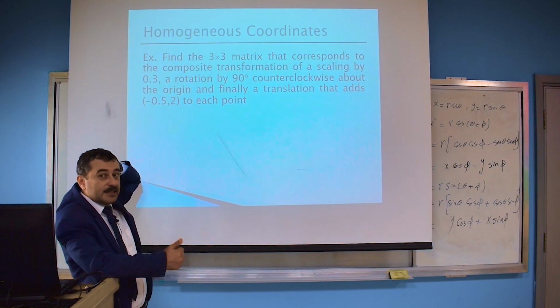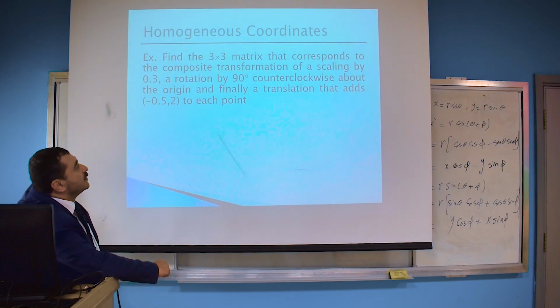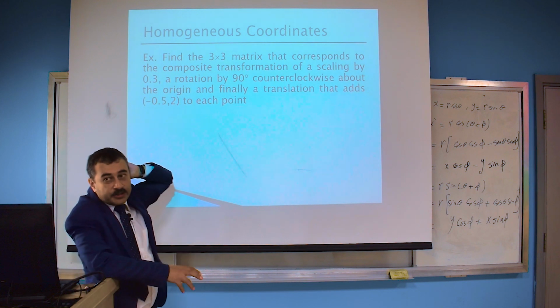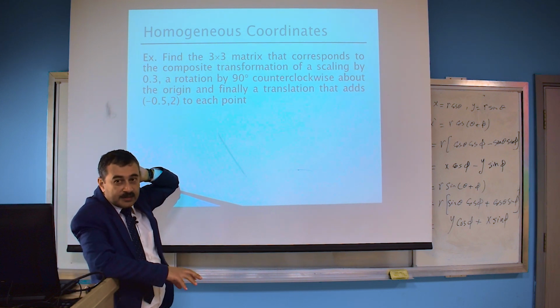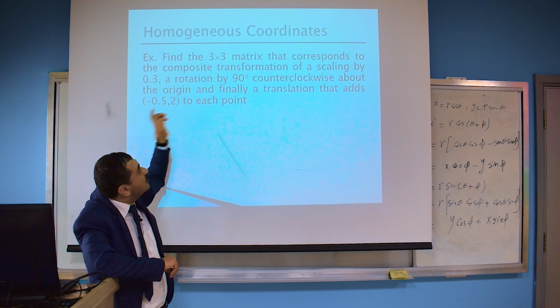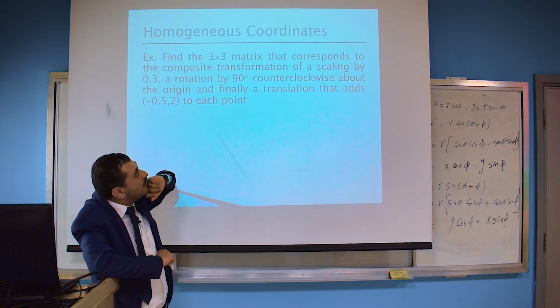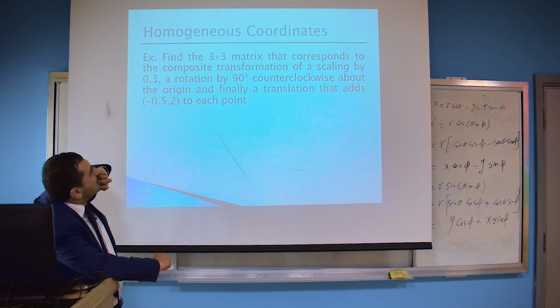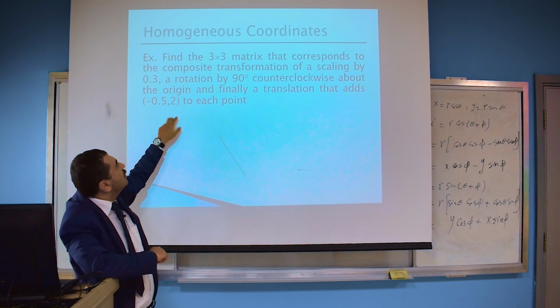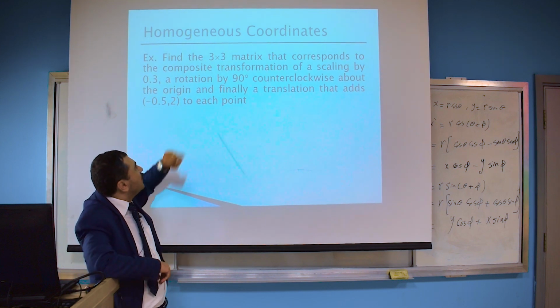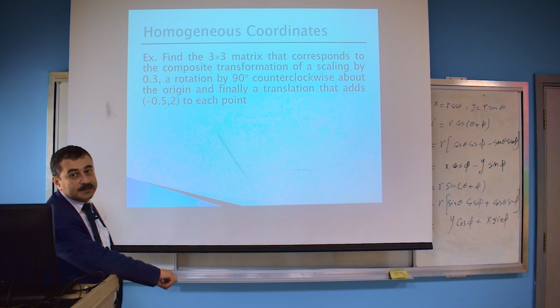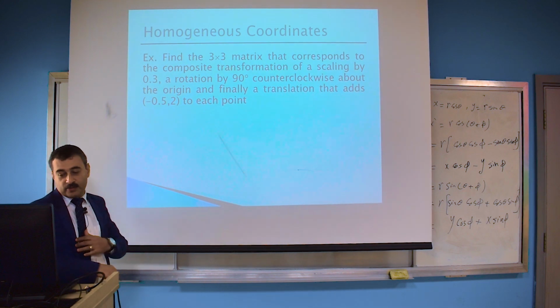So we have here scaling in x and y by 0.3. And the default rotation is about the origin and counterclockwise. Okay? Here I said counterclockwise by 90 degrees. And then I want to do a translation that adds negative 0.5 to x and 2 to y. So let's do it step by step.